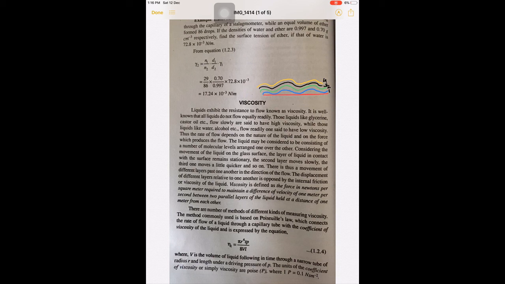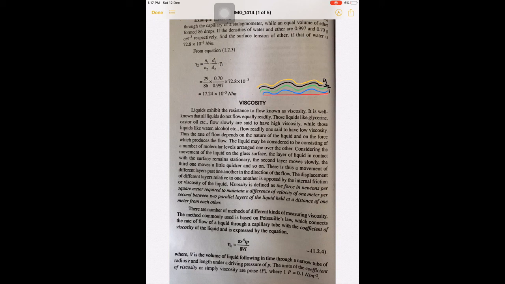The second layer, shown in green, moves slowly over the first layer, and the third, the black layer, has a higher flow rate than the second and first. The last, the fourth yellow layer, has the highest rate of flow compared to the other layers. So these different layers are placed one over another in the direction of flow.